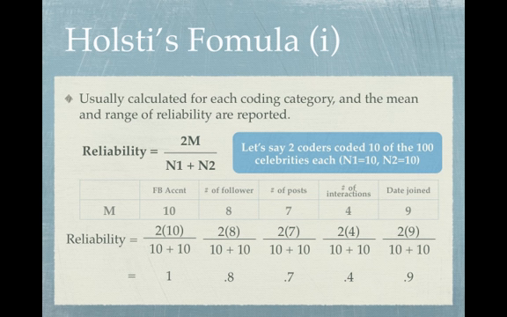And we've looked at the data, and we figured out that for the first category, the Facebook account, they agreed 10 times. So perfect agreement there. The number of followers, they agreed 8, number of posts 7, number of interactions 4, and the date joined 9. So we calculate the reliability in this way, and we get these results for the reliability.